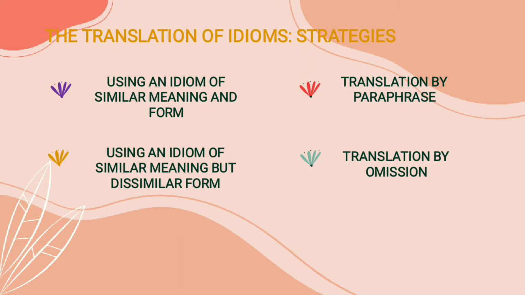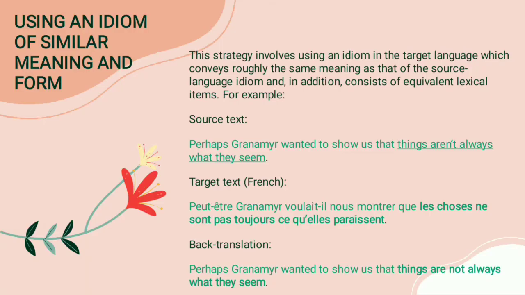And now we have 4 strategies to translate idioms. The first strategy is using an idiom of similar meaning and form. This strategy involves using an idiom in the target language which conveys roughly the same meaning as that of the source language idiom, and in addition consists of equivalent lexical items.